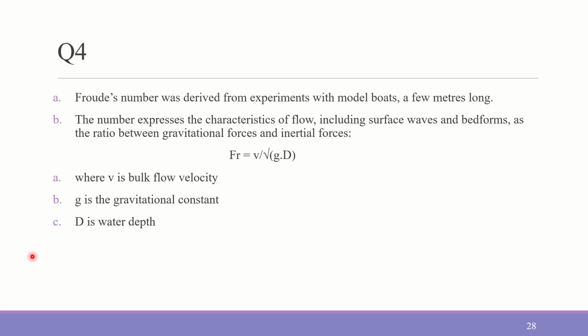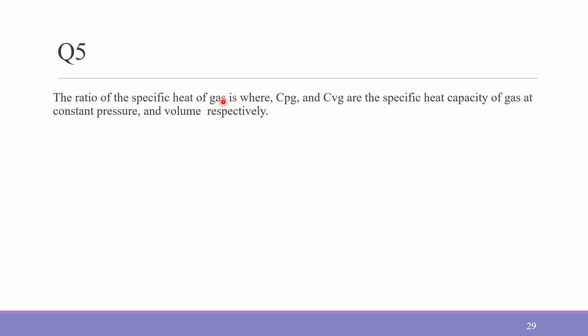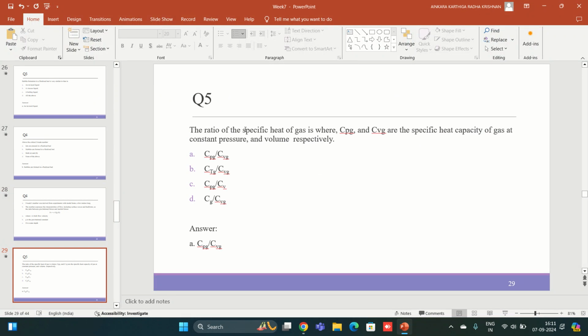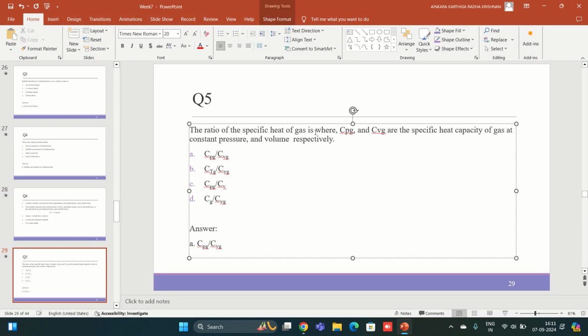Now let us go to question 5. The ratio of specific heat of gas is dash, where CPG and CVG are specific heat capacity of gas at constant pressure and constant volume.